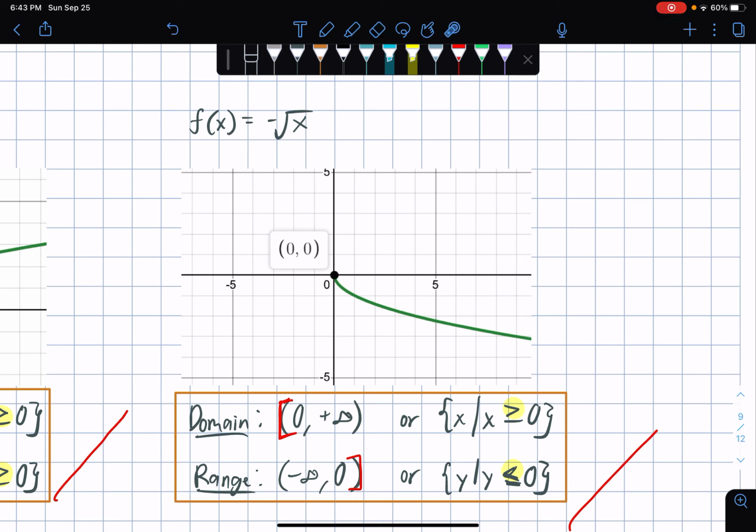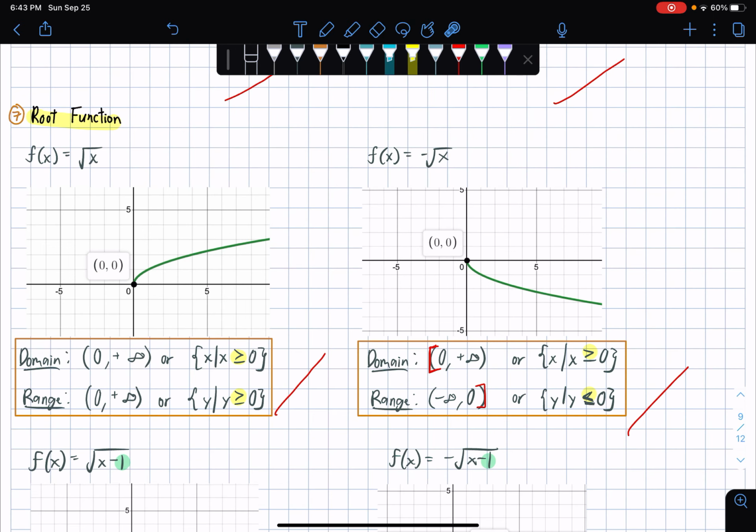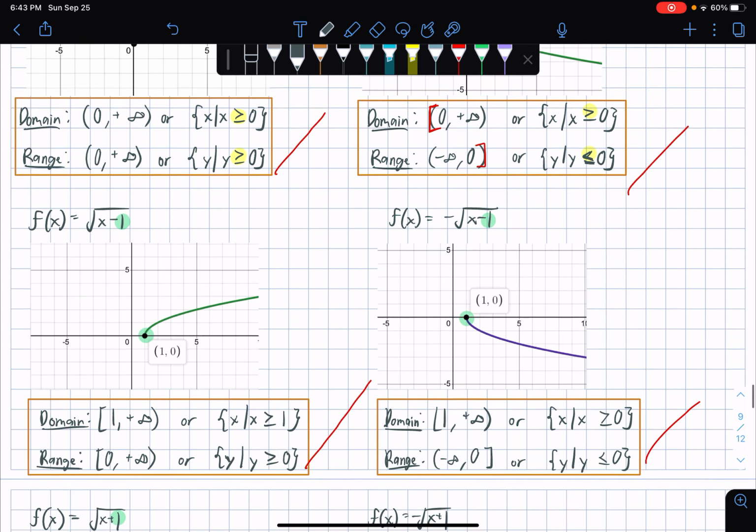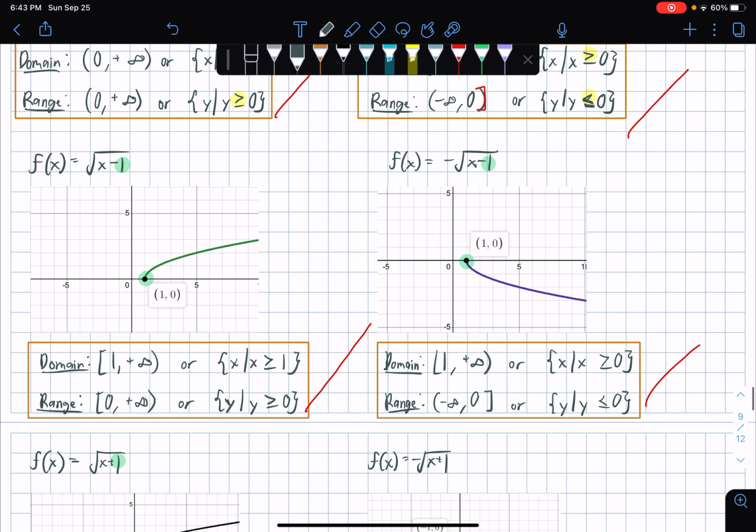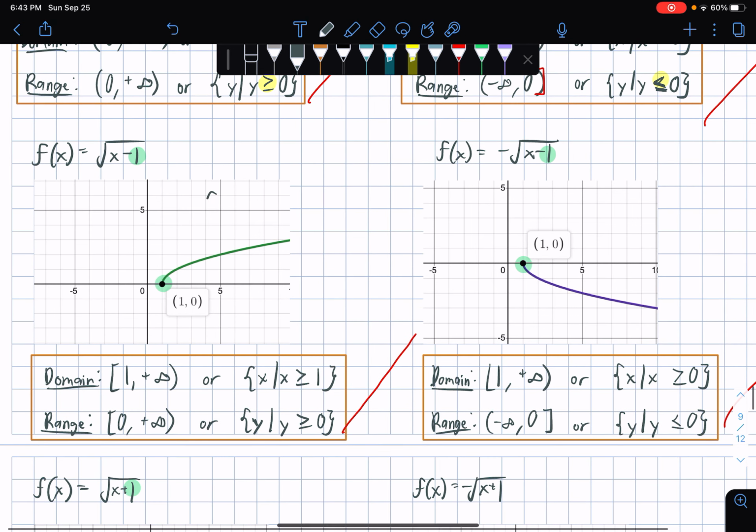So yeah, if the root function is positive, it will look like this. If it's negative, it will look the opposite. So here it's in quadrant 1, here it's in quadrant 4. It also goes for this, quadrant 1, quadrant 4.